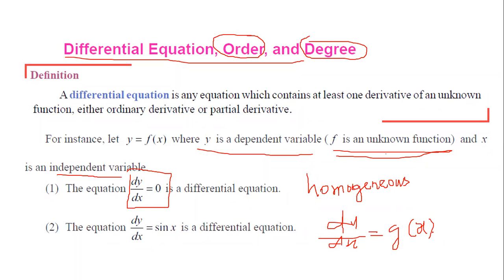We will discuss the solutions for both the homogeneous and non-homogeneous cases. Second one, the equation dy by dx equal to sin x is a differential equation. This type of equation is known as a transcendental equation, or trigonometric differential equation.